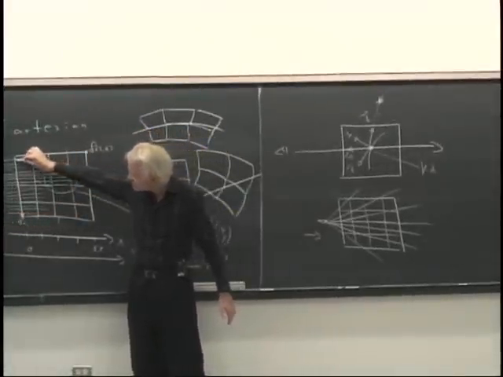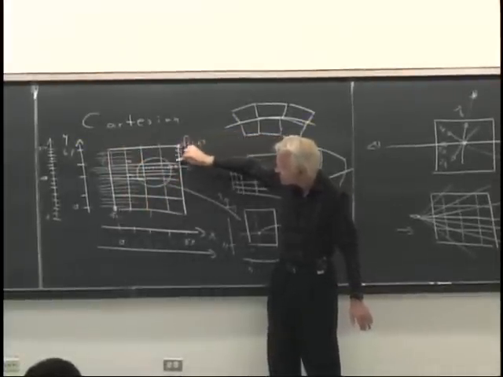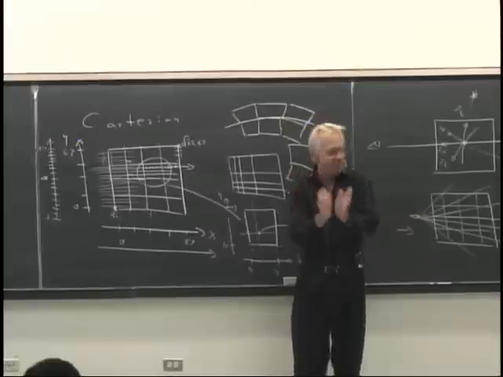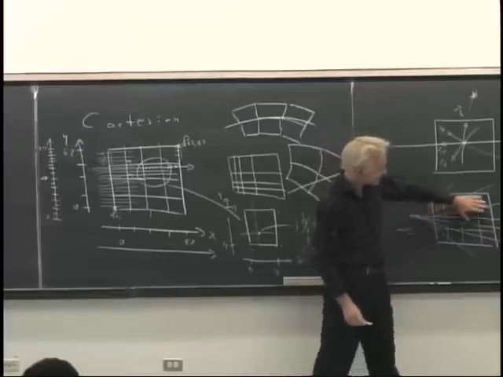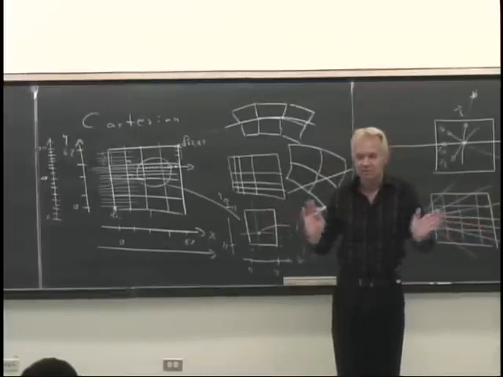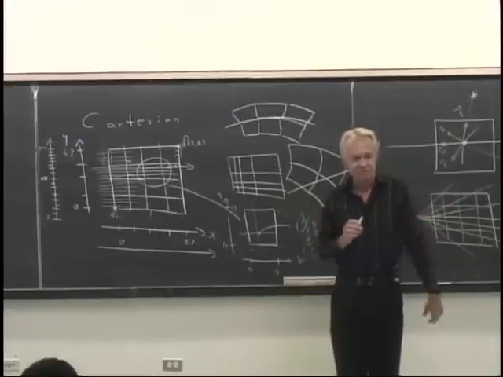Because if there are 5 rays entering here, there are still 5 rays here, because they are parallel. As soon as you go to a perspective model, whoop, what happens? Well, here is a bunch of rays entering there, but here the density of rays hitting the cells goes down. So that has an effect, and you want to somehow deal with that.